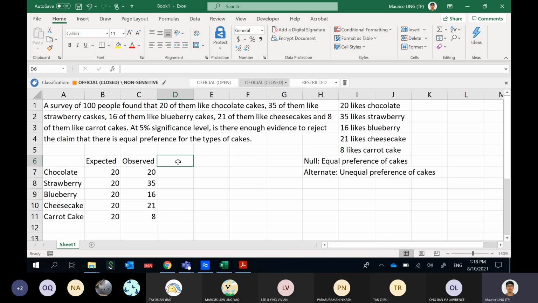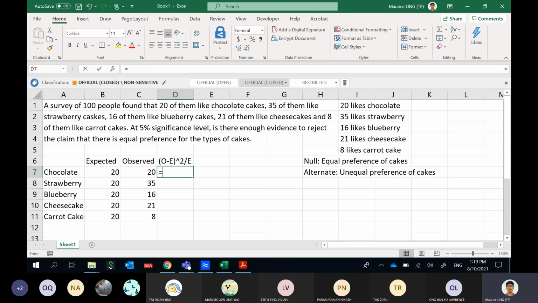Mechanically, what you need to do is you have your observed minus your expected. Then this you square it, divide by your expected. Basically construct your own column yourself.